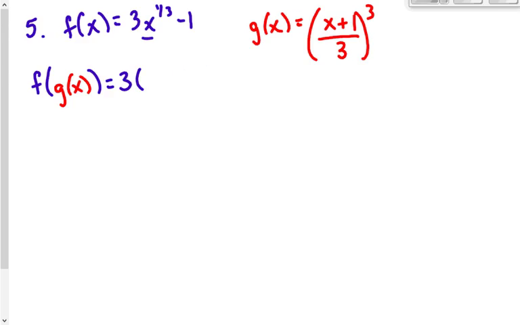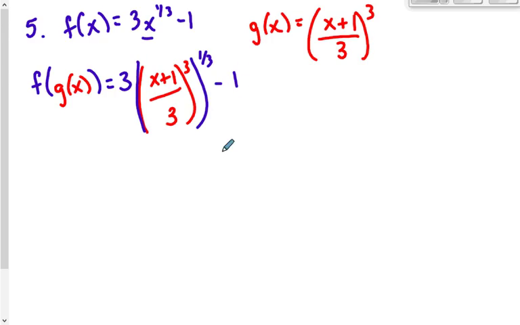times the whole thing of x plus 1 over 3 cubed, and that's all raised to the 1/3 minus 1. Does everybody see where everything came from? The red is in place of x. So now to simplify this, 3 to the 1/3 cancels.